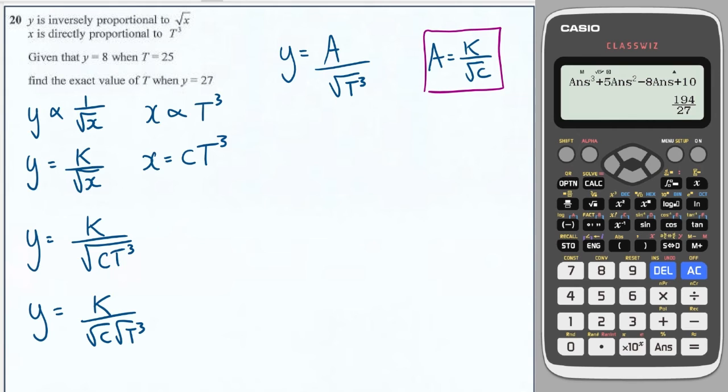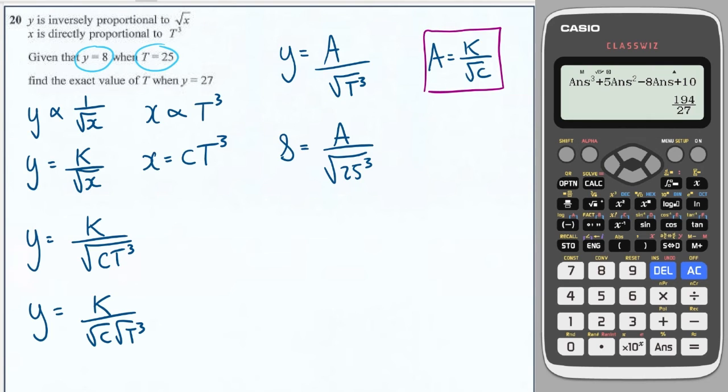Right, now I can sub in my values. So this is going to give me 8 is equal to a over the square root of 25 cubed.